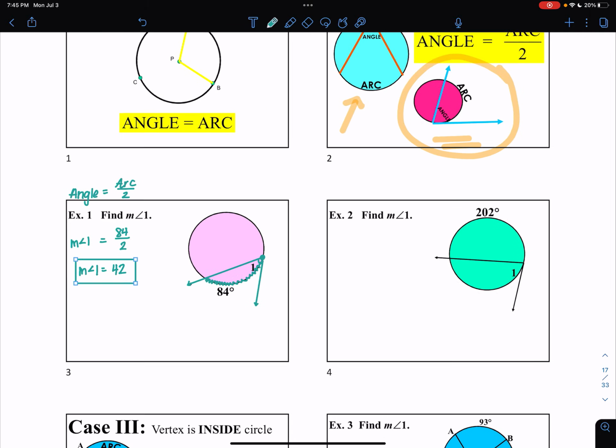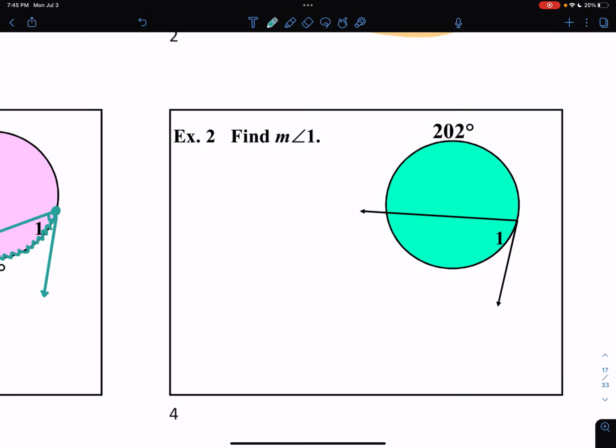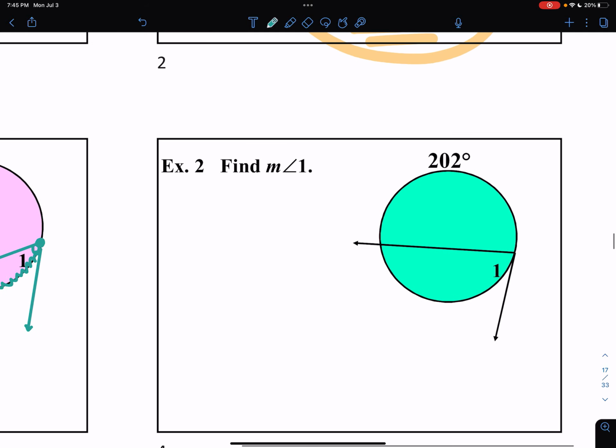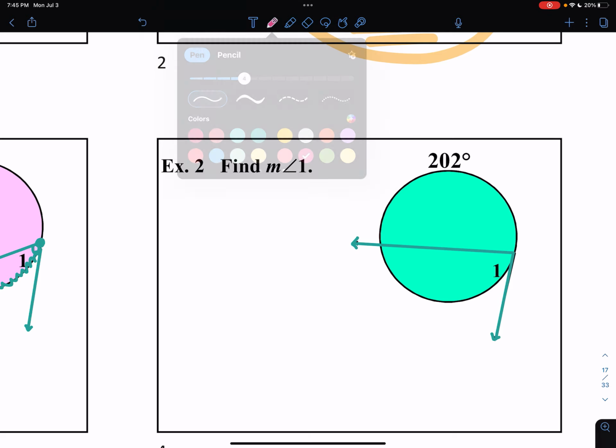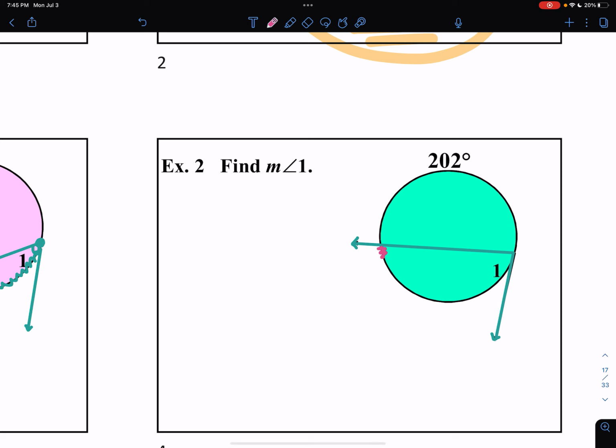All right, let's take a look at example 2 here. Again, it looks different because we've got a secant line and a tangent line as our rays. But this one's also different because they didn't give us this arc that we need to help us figure out the angle. But they did give us this arc, right?